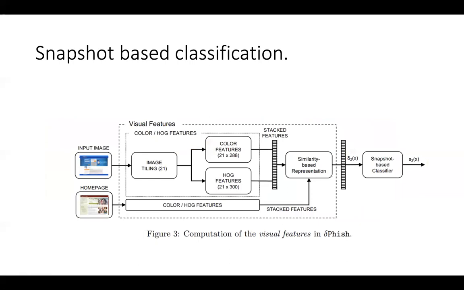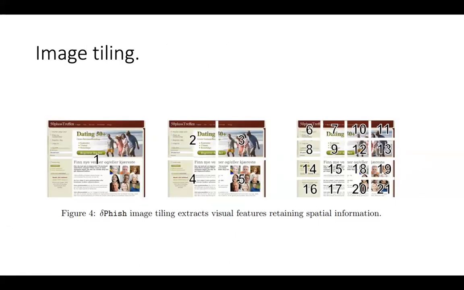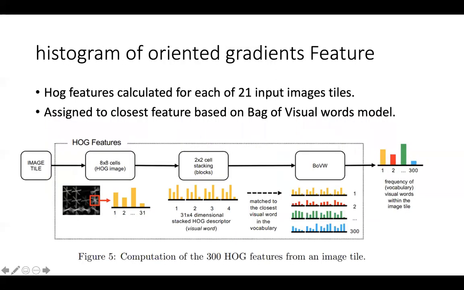Okay, yeah, please go on. So they extract the hog features. Basically they calculate the histogram of oriented gradients for all 21 input images, and then they have a pre-trained dictionary of 300 words, and they classify each to the closest word based on the bag of visual words model.